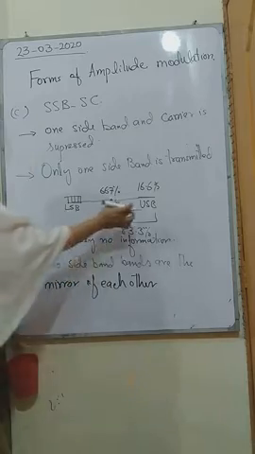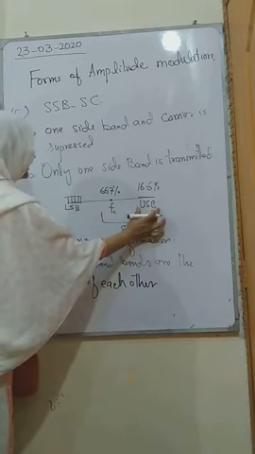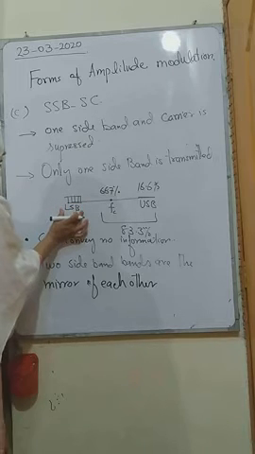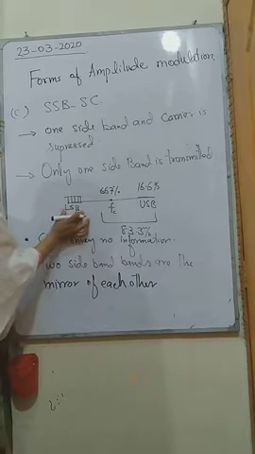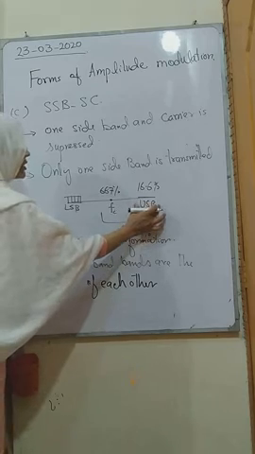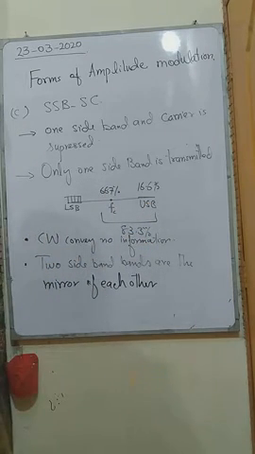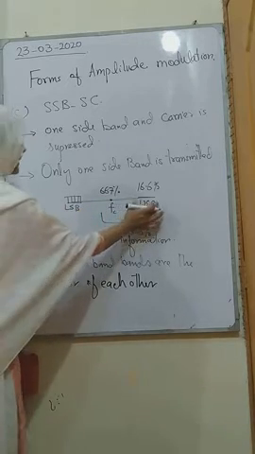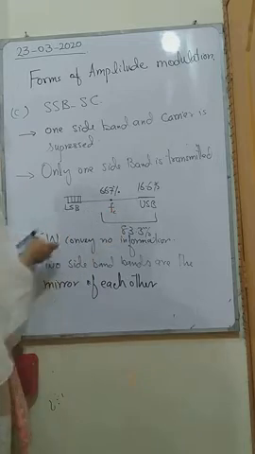So by eliminating one sideband, the other sideband has all the information about the signal. There is no loss of information, so we can discard one sideband and the carrier wave.